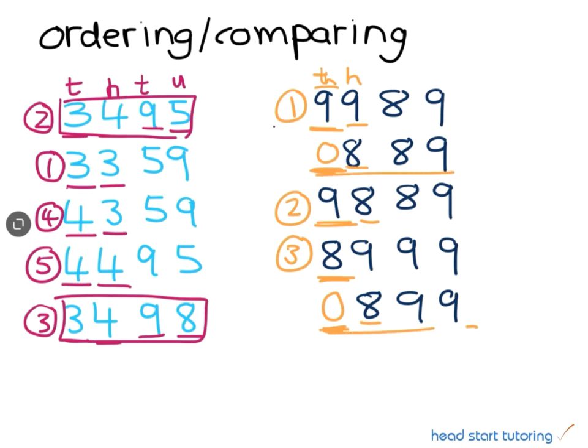So we look at our hundreds. There are both 8s in our hundreds, so we need to look at our tens. And we have got 8 tens in this number and 9 tens in this number. So we know that this number is bigger than that number. So this is our fourth number in our sequence, and this is our fifth number.